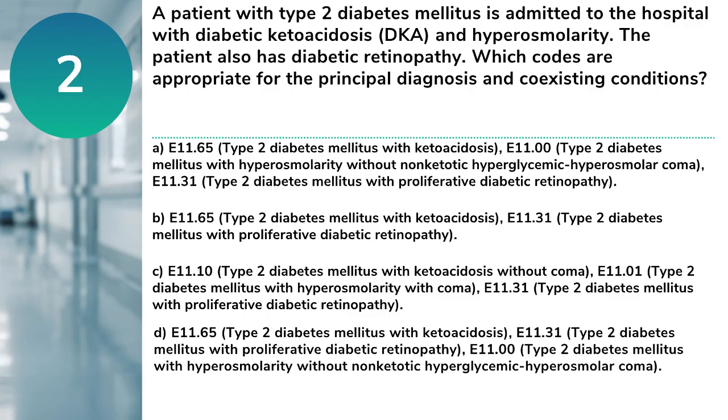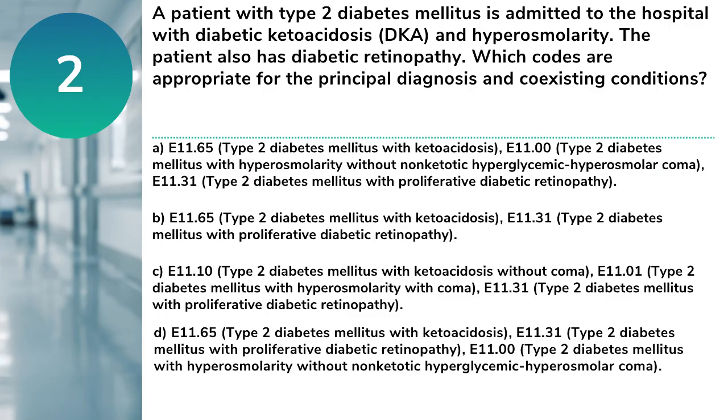B. E11.65, type 2 diabetes mellitus with ketoacidosis, E11.31, type 2 diabetes mellitus with proliferative diabetic retinopathy. C. E11.10, type 2 diabetes mellitus with ketoacidosis without coma, E11.01, type 2 diabetes mellitus with hyperosmolarity with coma, E11.31, type 2 diabetes mellitus with proliferative diabetic retinopathy.